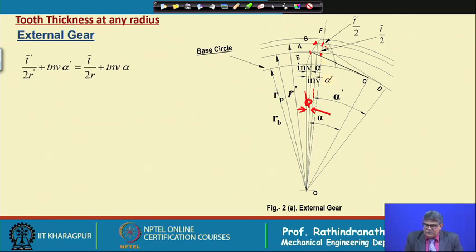We add the respective angle, involute alpha dash, with that. So, this is giving the angle for the point of generation to the mid of the teeth at two different radii, in terms of the half tooth thickness there and the involute of the corresponding angle.